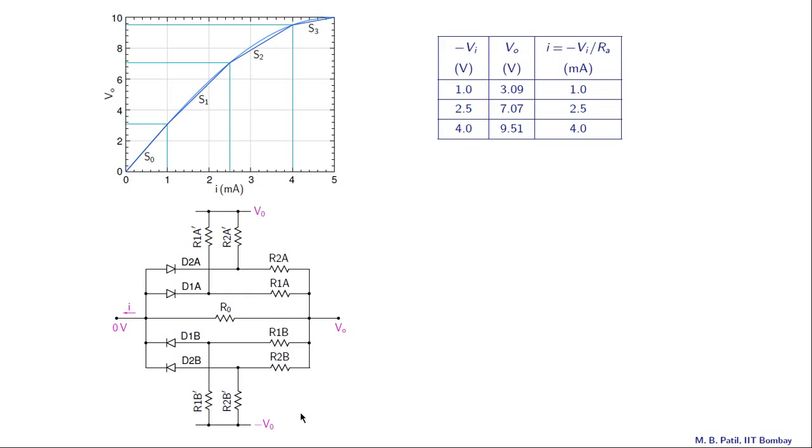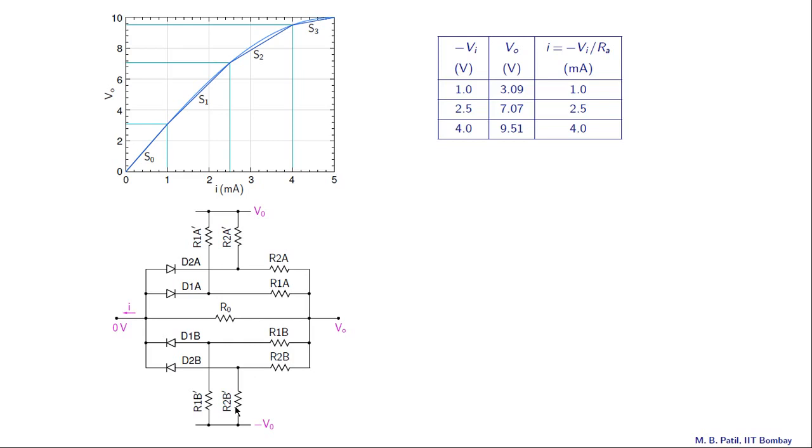Let us now look at the component values that we need to calculate. And as we have seen earlier, because of symmetry, R1A and R1B are equal. Also R1A prime and R1B prime are equal. So the values that we need to calculate are R0, R1, R1 prime, R2, R2 prime, and there would be a third branch because we have 3 breakpoints.